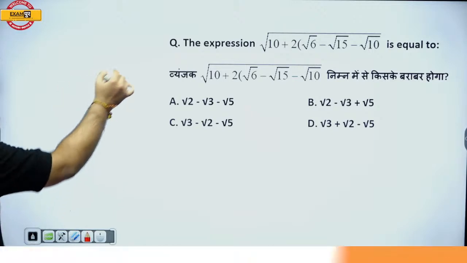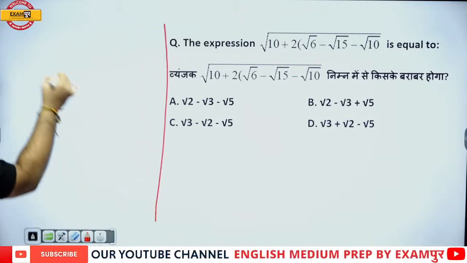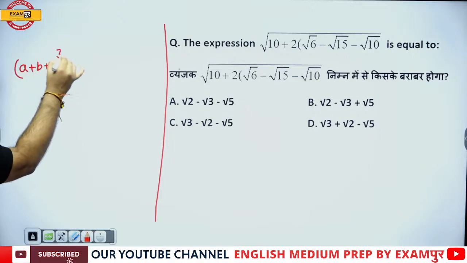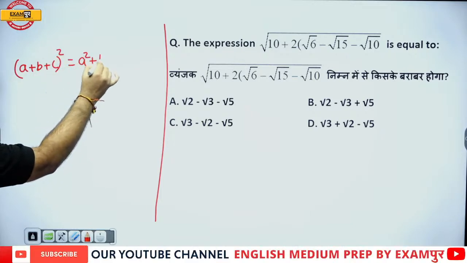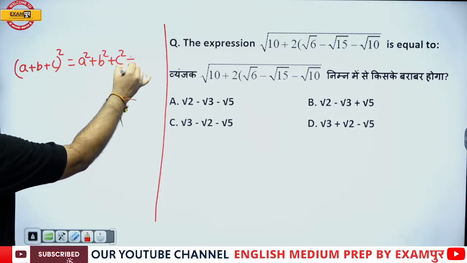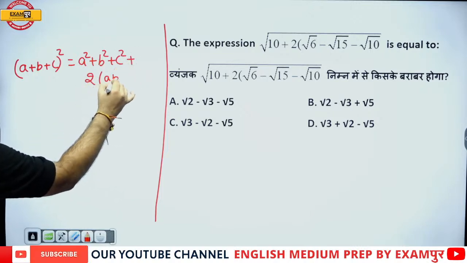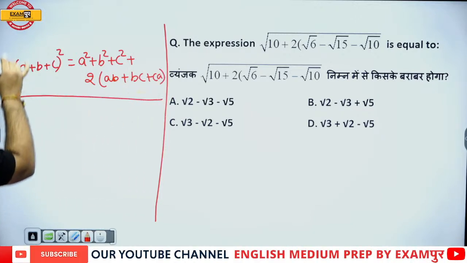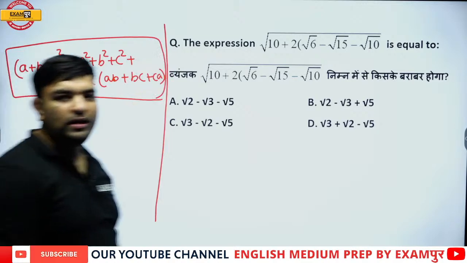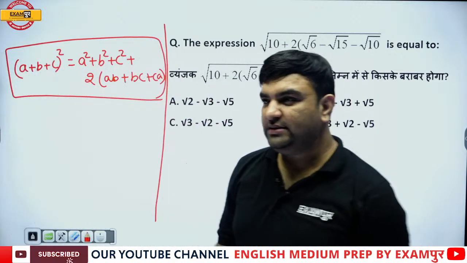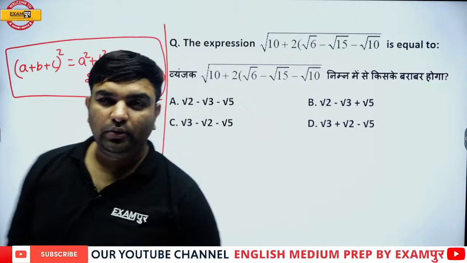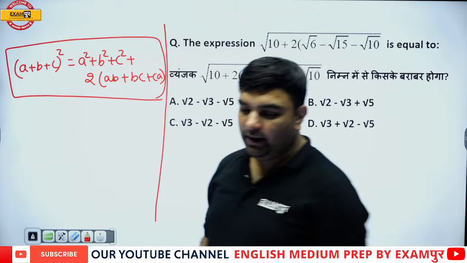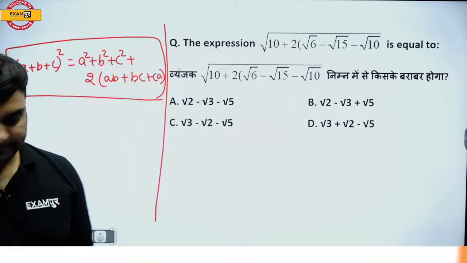I must have told you in the previous 4 classes that (a plus b plus c) whole square is a square plus b square plus c square plus 2 times (ab plus bc plus ca).